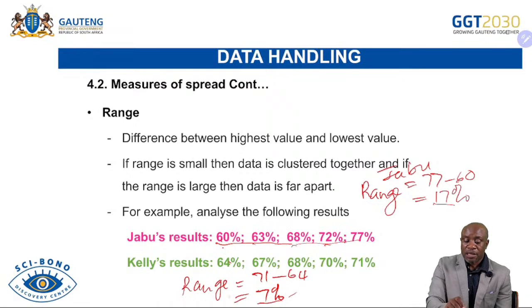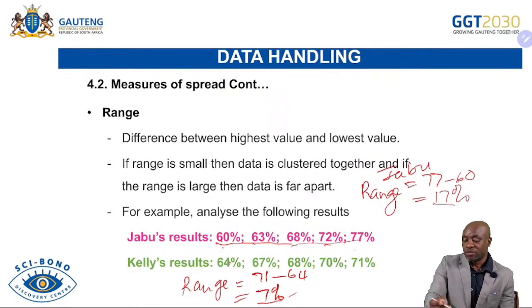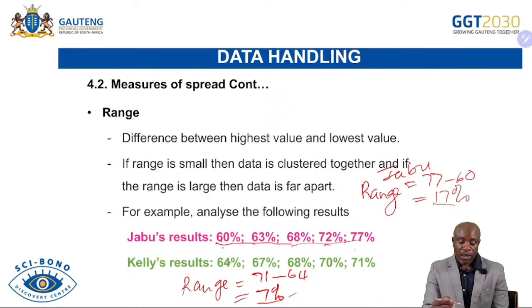So the marks are close to each other. That means there is not much variety in Kelly's marks. But when you look at Jabu's marks, there is a huge difference between the marks. But all the same, if you look at the two students, they did well, 70, 60. There is no mark below 60. In fact, there is no mark below 50. All of them did very well.